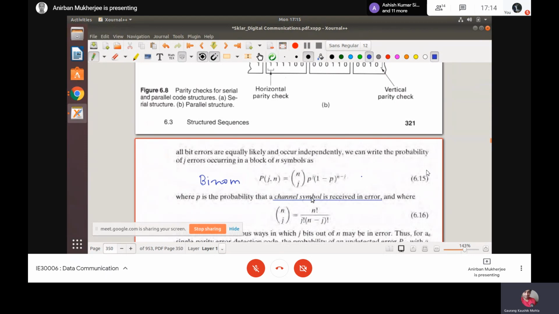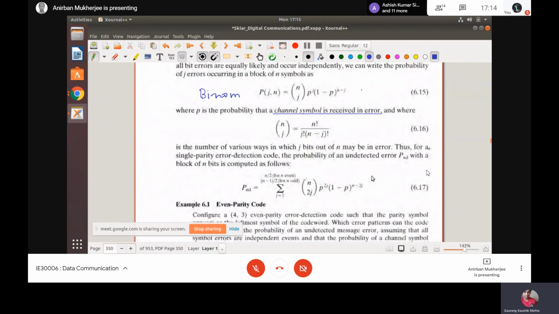Now the probability of undetected error. Undetected error means j equal to 2, 4, up to n/2, say for n even.